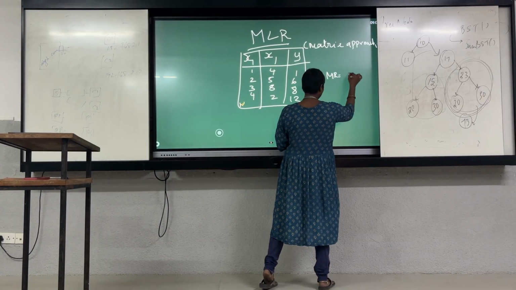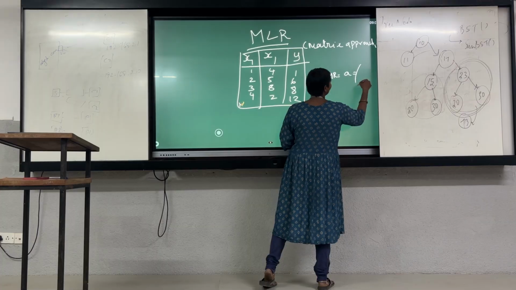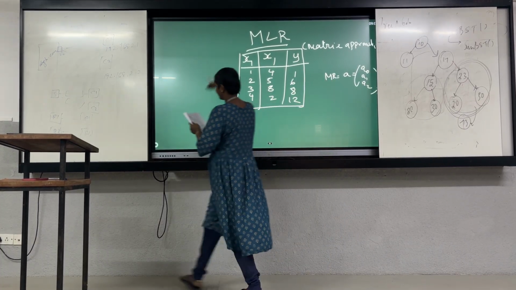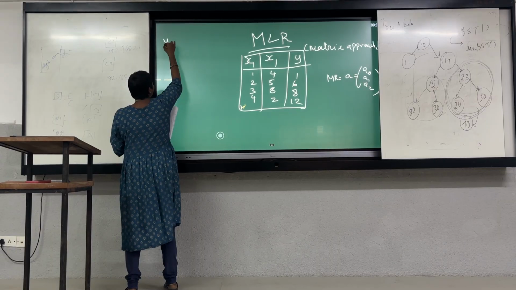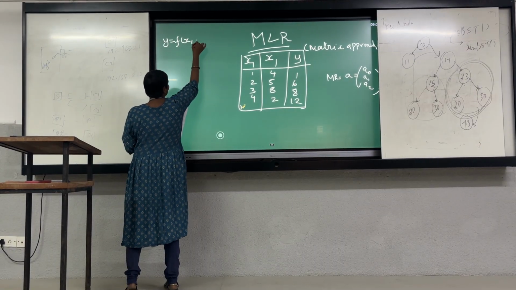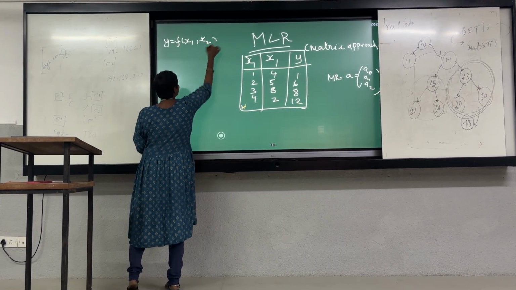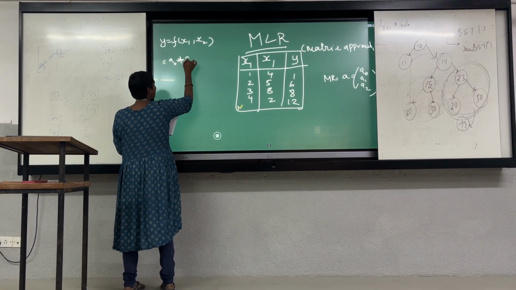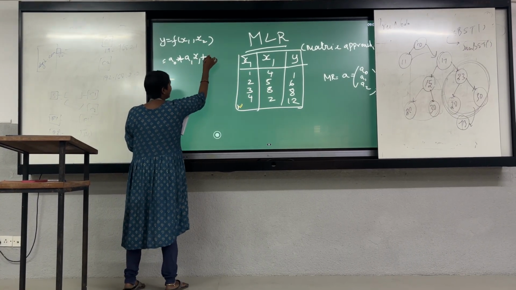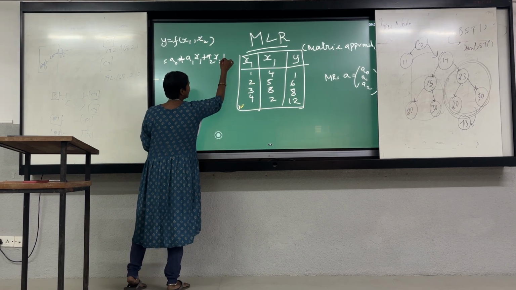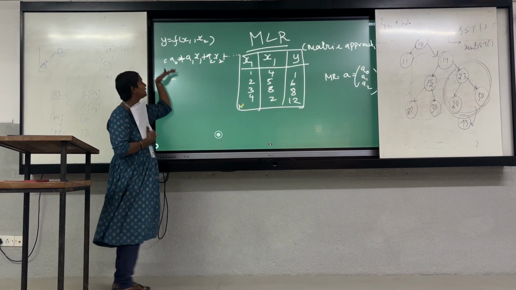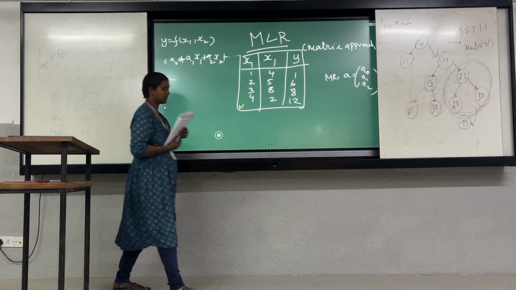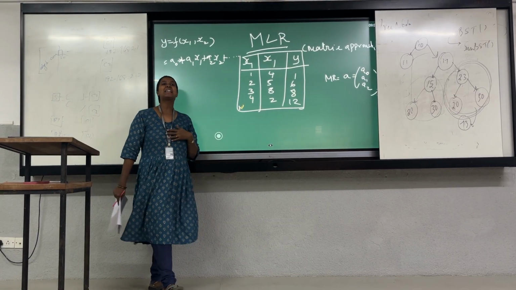Multiple regression: y of x1, x2 equals a0 plus a1 x1 plus a2 x2. This is the general formula for multiple regression. So we are going to apply it for this table and predict the regression.